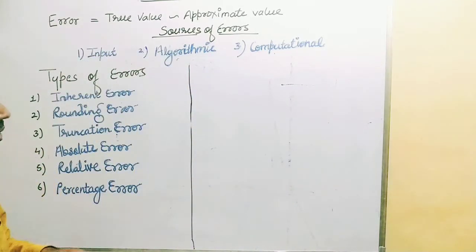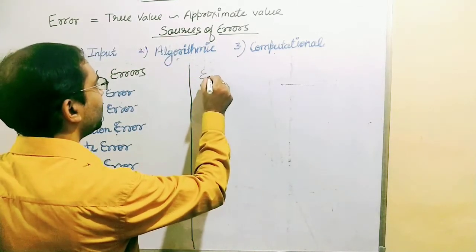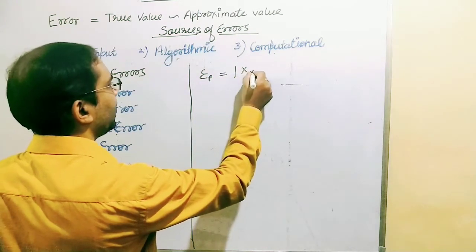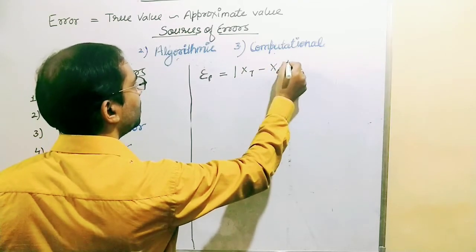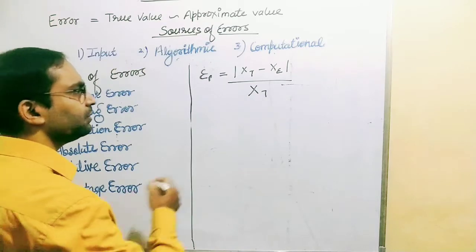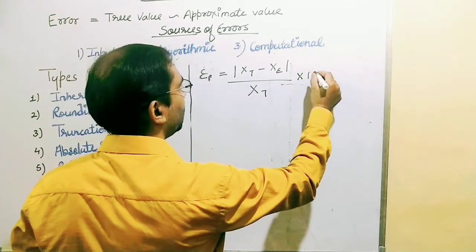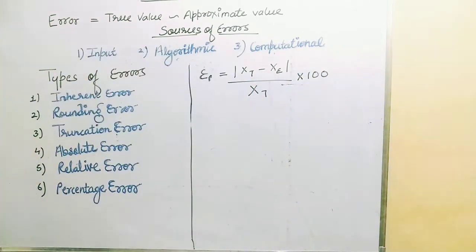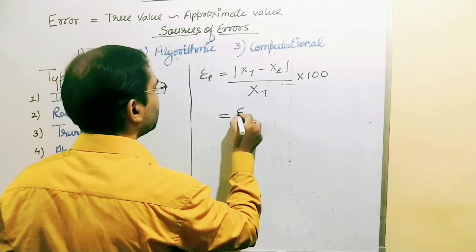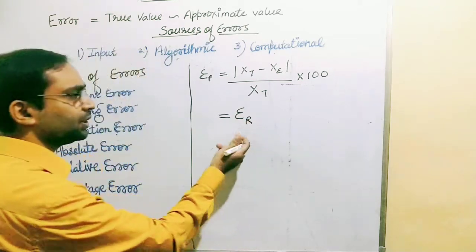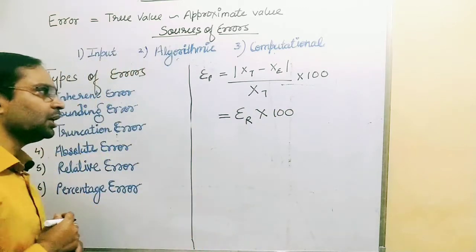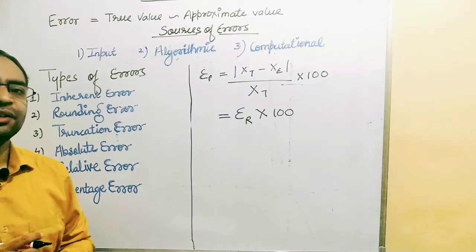This is EP, which can be written as xt minus xe whole divided by xt. This is the representation of the relative error multiplied by 100. So this will give you the percentage error. This can also be written as ER, which represents the relative error, multiplied by 100. In this way we can obtain our percentage error.